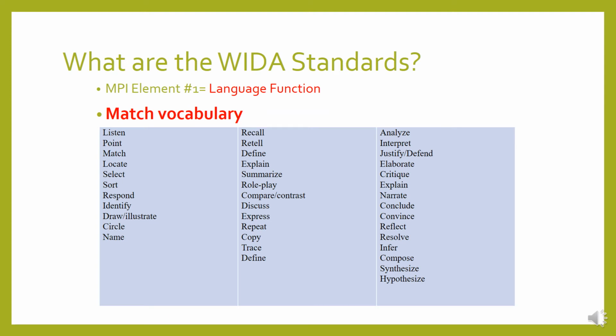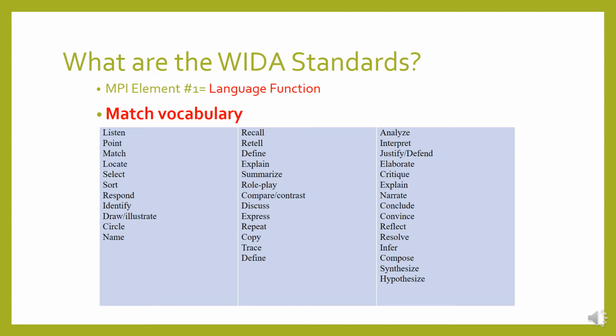I think this is a good one to hang on to, especially when you're making your language targets. I think this is a really good list to work off of. So you have your match vocabulary, your language function: what are you looking for the student to do in terms of language use? Are you asking them to match? Then you move further up: recall, retell. This first column would be for your very novice students or just younger students.